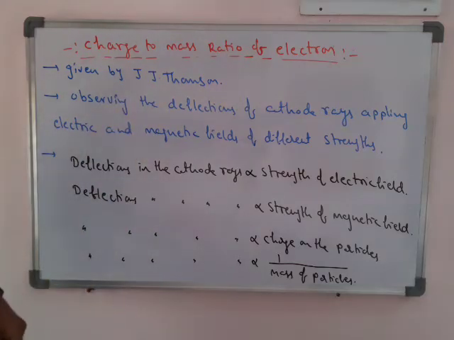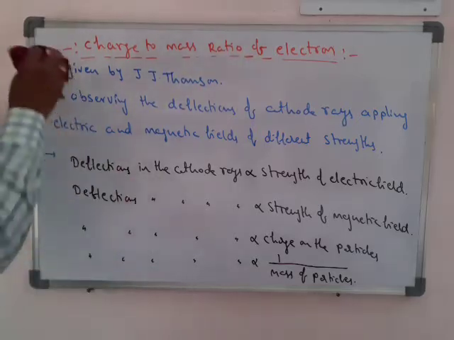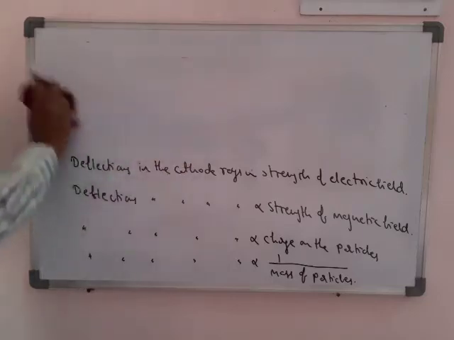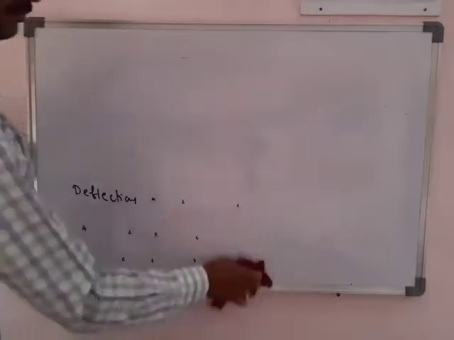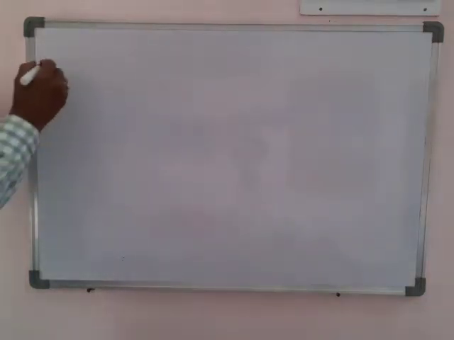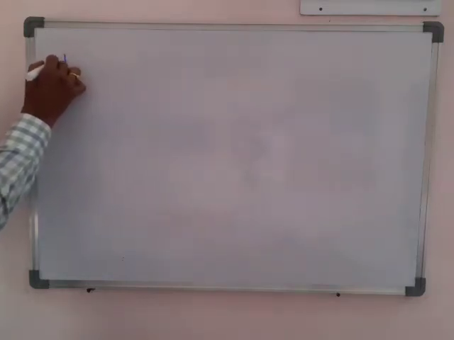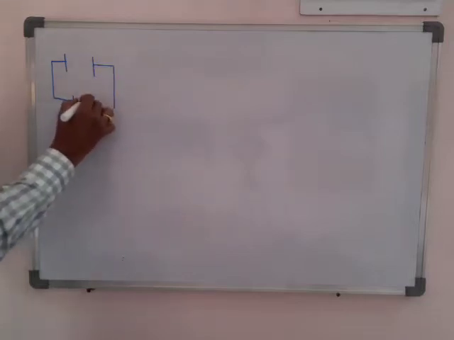Thomson in his experiment. With the help of all these observations, he gave this. This is the main point actually. If you see the experiment, take it as a cathode, then take it as an anode.